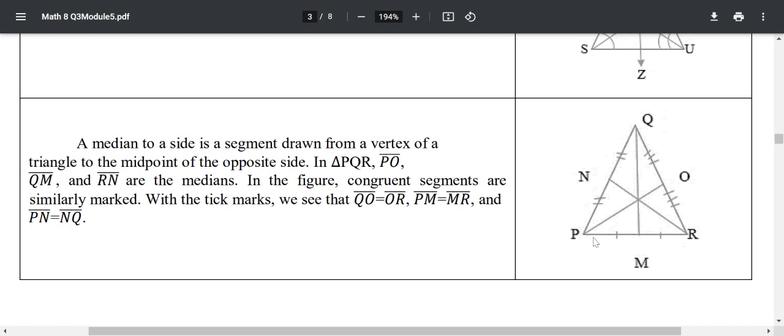So it is marked with a tick mark meaning this side is equal to this other side. So, a median is a segment from a vertex to the midpoint of the opposite side.